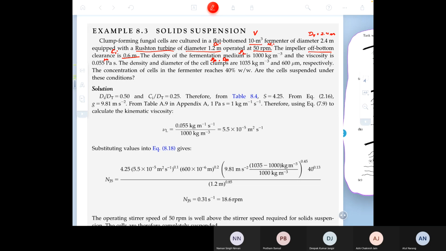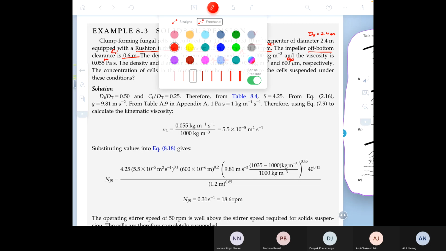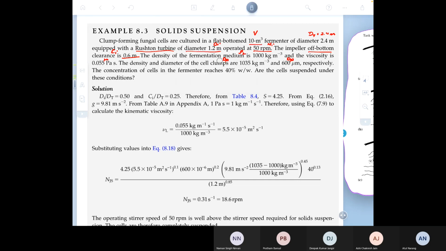And 600 micrometers is dP, and this is rho sub P, which is 40 grams of cells per 100 grams of suspension. So everything is given to you.